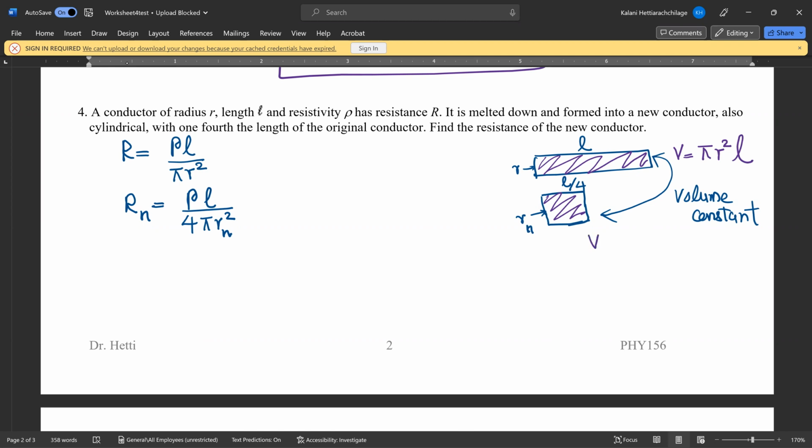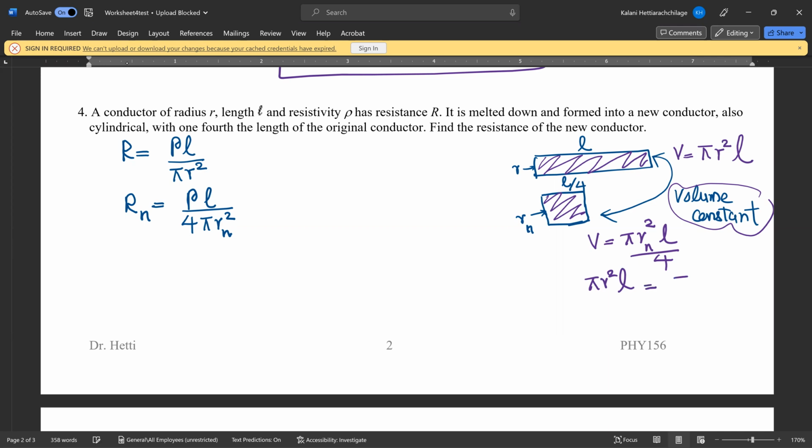And here is the same formula, but since I have the new radius and the new length, L over 4, you have this formula. But these two should be the same, right? Then you can find the connection between your old R and the new R.